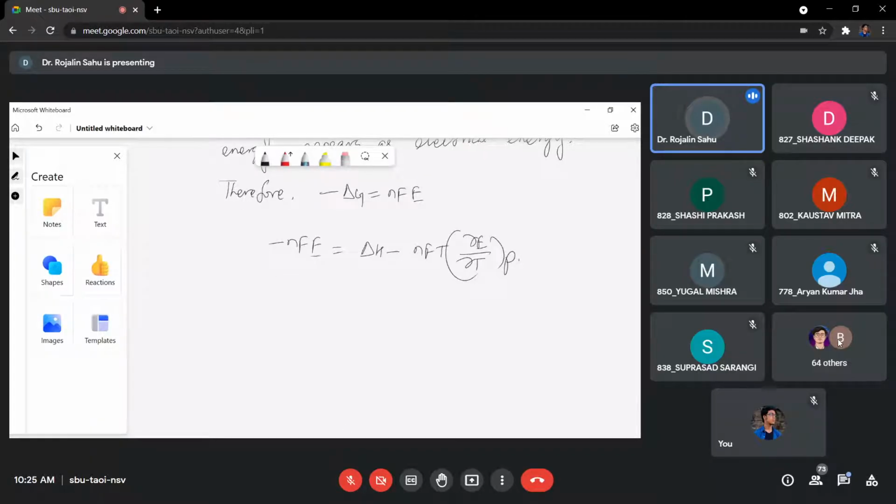Because the Gibbs-Helmholtz equation is del G equal to del H plus T del G by del T at constant pressure. So if you put the value of del G in this equation, you will get minus nFE equal to del H minus nFT del E by del T at constant pressure.